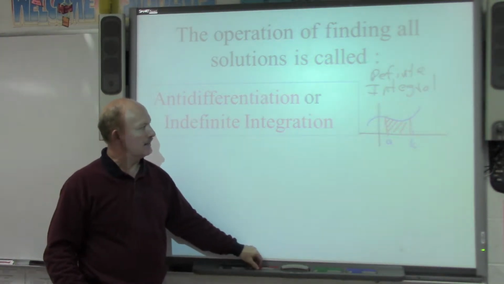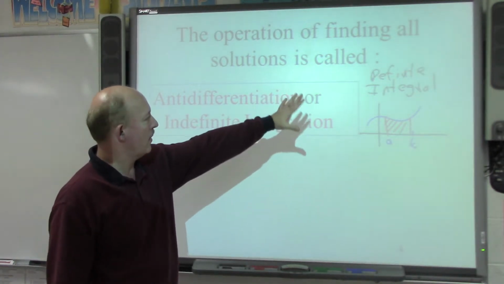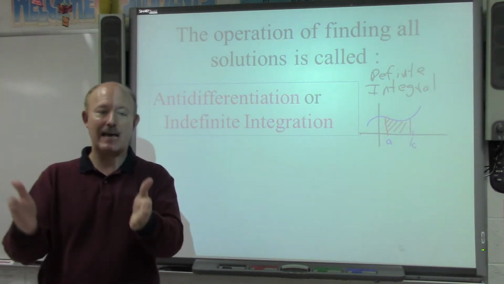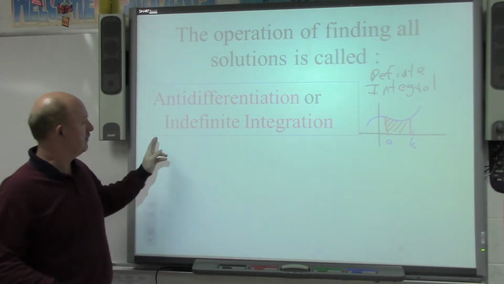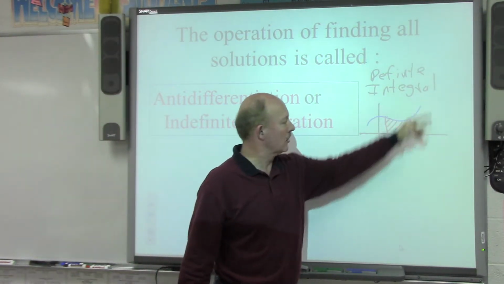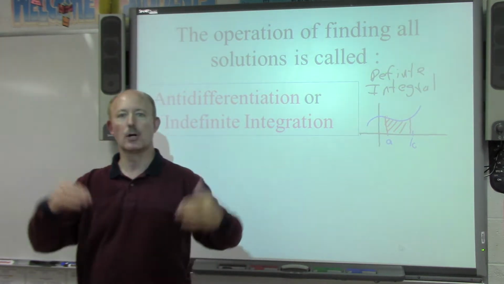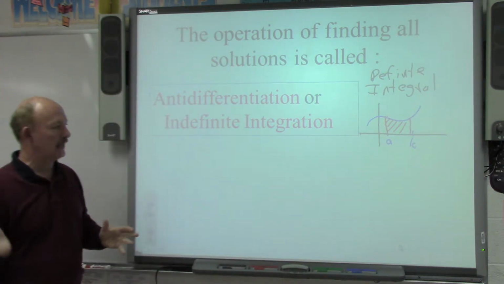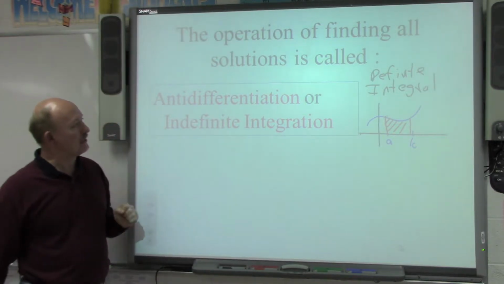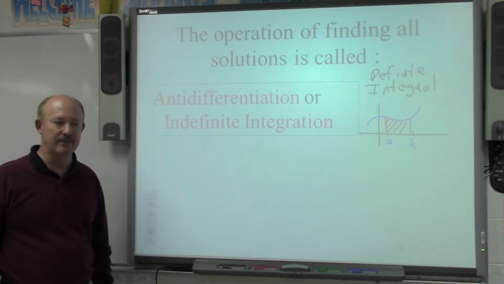So definite integration involves finding the antiderivative. That's your first step, basically. Then after that, there's some other stuff you have to do. But this is indefinite integration, whereas definite integration involves area under a curve. All right, now we'll be looking at that later. But the actual operation is called antidifferentiation or indefinite integration.